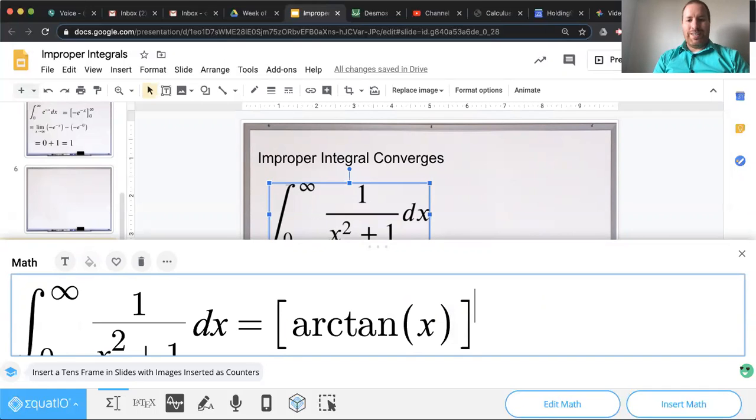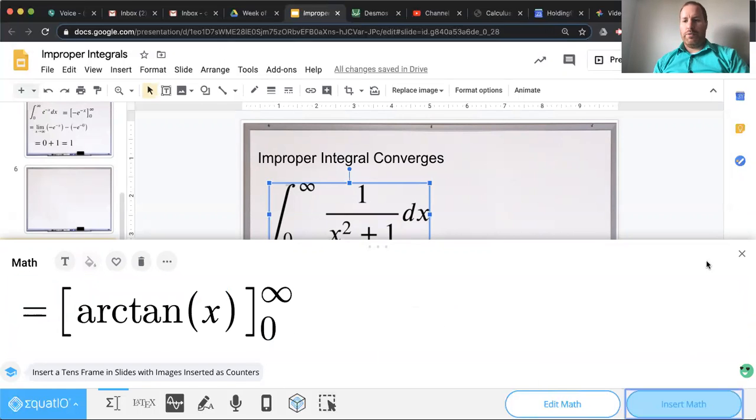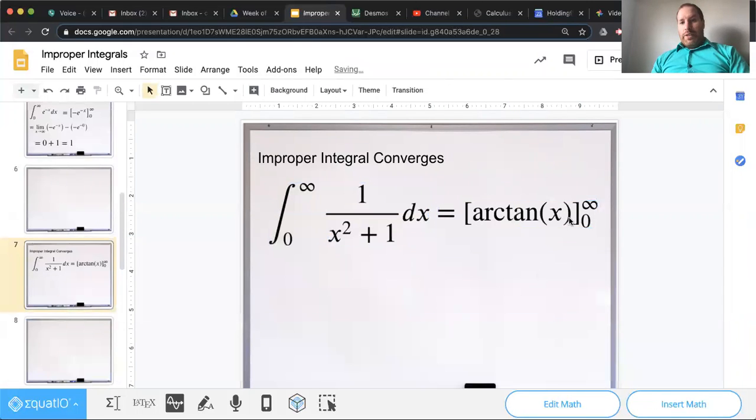And then we're going to again be evaluating from 0 out to infinity, right? That's what we're going to be doing in there. So actually, I guess I don't need to rewrite that down, because we can just figure that out in this case. Yeah, and that's going to be our arctangent. We want to go from infinity to 0.